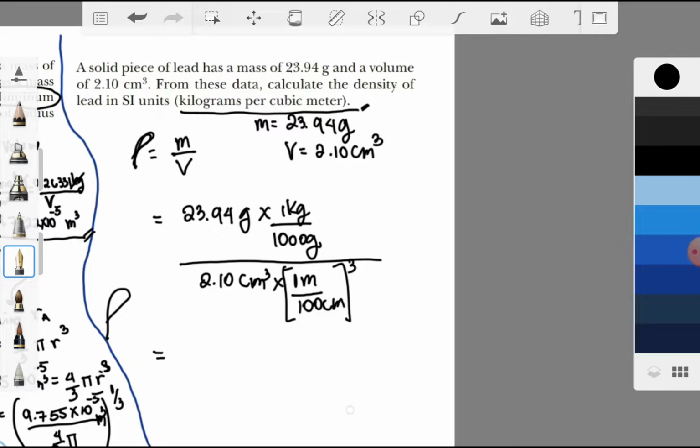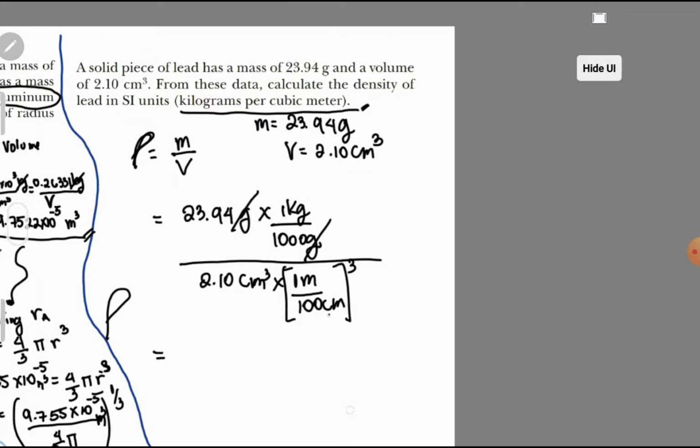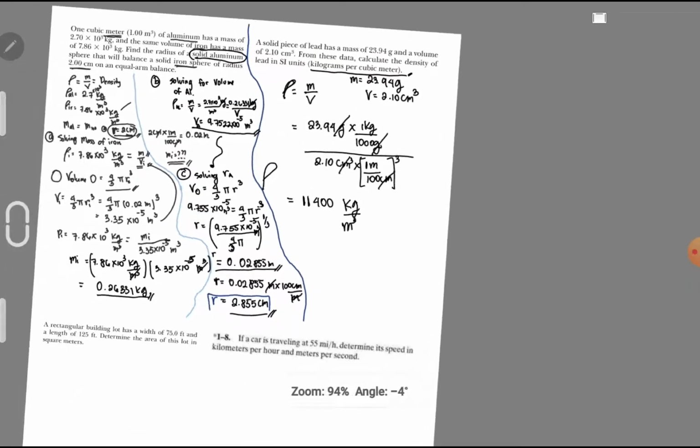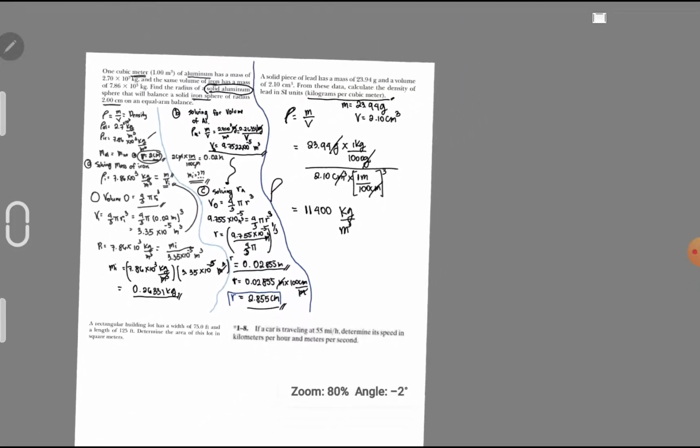Cancelling out your kilogram, your gram, and your centimeter cube, we'll have a value equal to 11,400 kilogram per meter cube, right? Next, that is very easy.